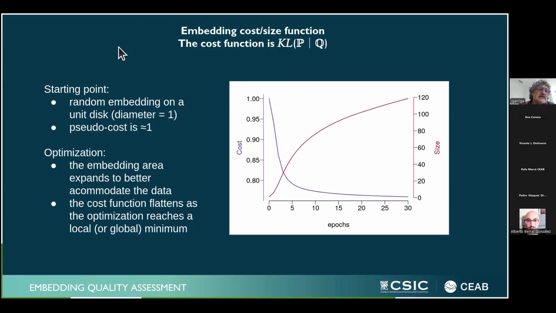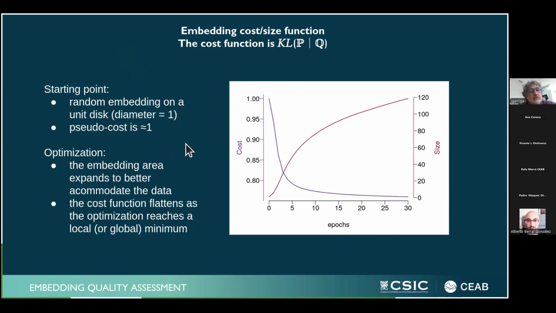When t-SNE starts, it starts with a random embedding on a unit disk with diameter 1. So we start here, and we use pseudo cost, which is a normalized version of this Kullback-Leibler divergence, which is always around 1 when we start.